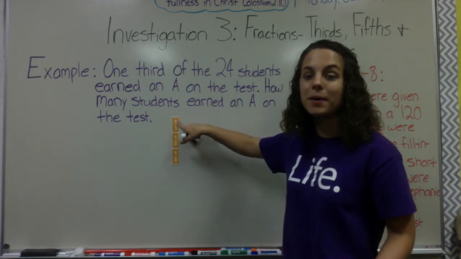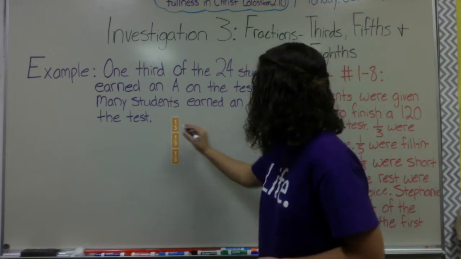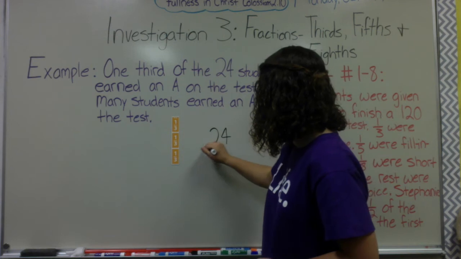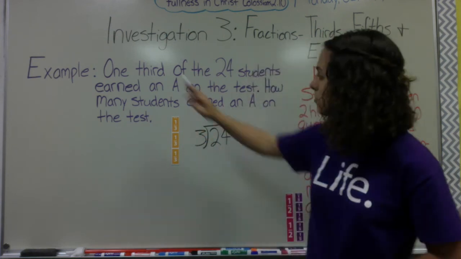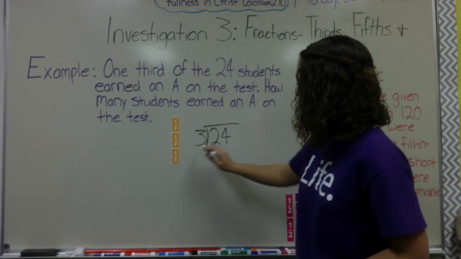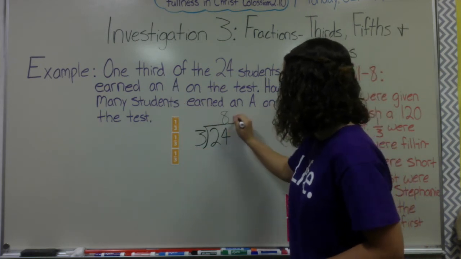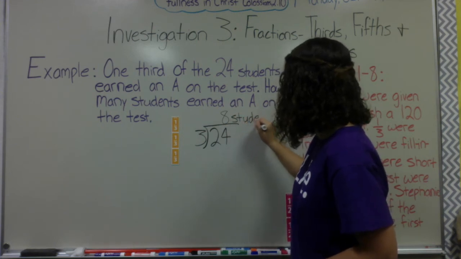It's my missing number for a multiplication problem. So I have 24 students all together, and I divide it by 3 because I have 3 equal groups in 1/3. So 1/3 of them I'm going to find out is 8 students. So 8 students earned an A on the test.